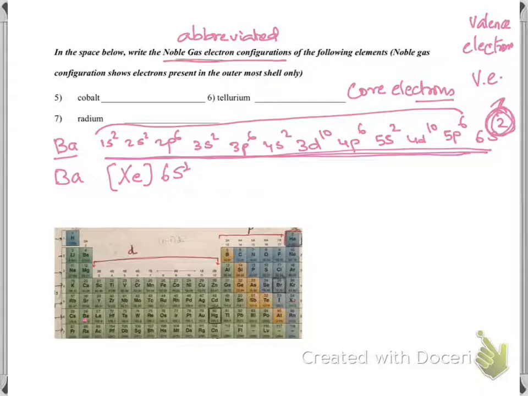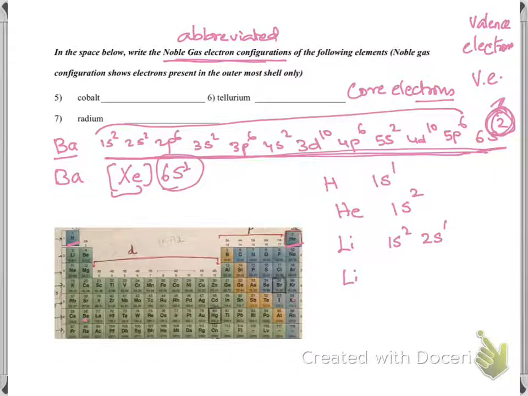So when we write down the abbreviated electronic configuration, we write it in terms of the noble gas, but we have to make sure it is still showing the number of electrons present in the outermost shell. Let's look at hydrogen, which will still be 1s1, helium will still be 1s2, but when you're writing the electronic configuration of lithium, then instead of writing 1s2, 2s1, we are going to write down helium 2s1.